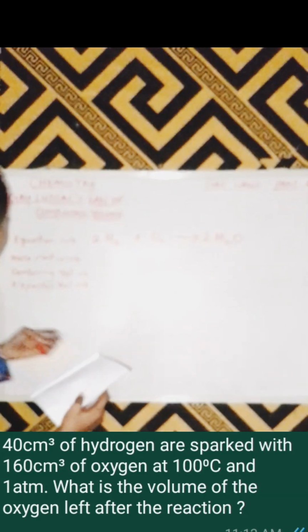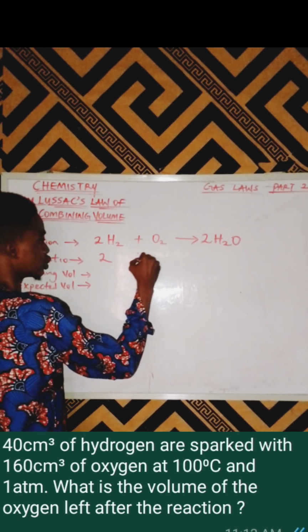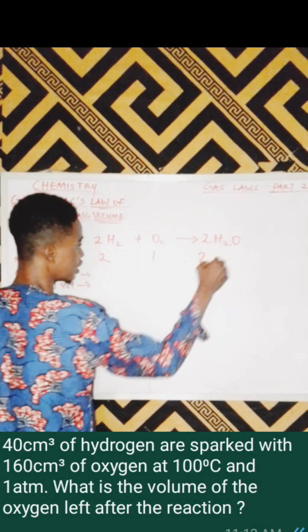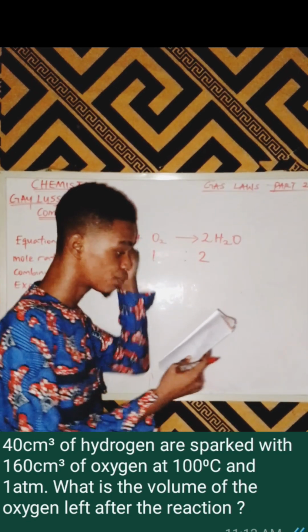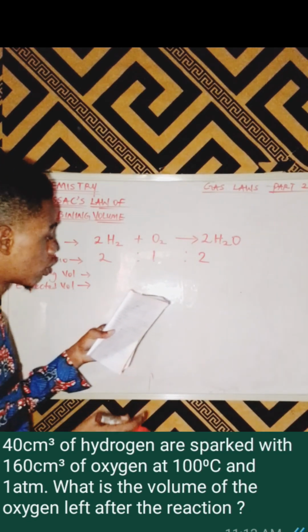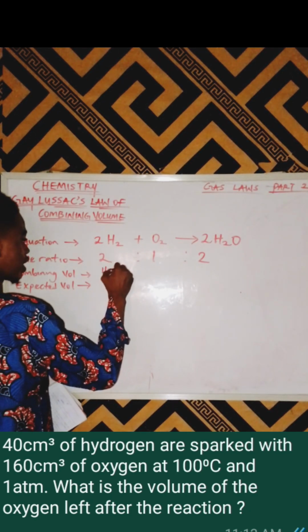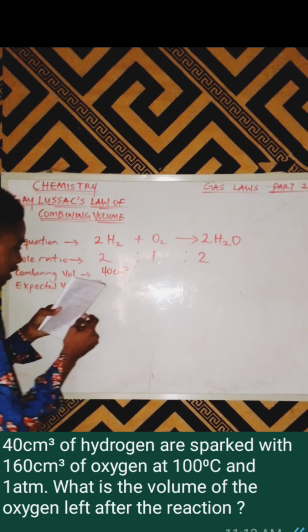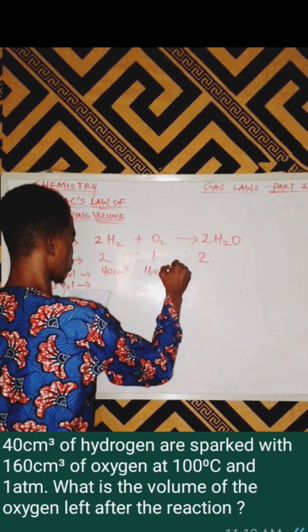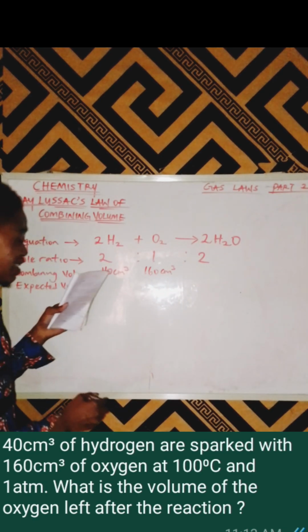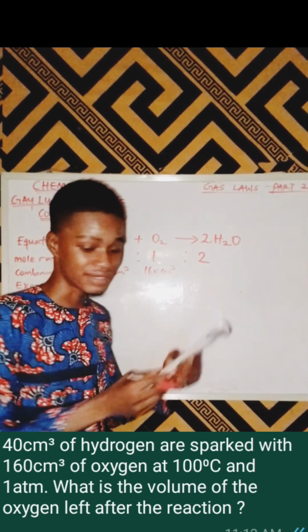So the mole ratio is still 2:1:2. Listen, they said that 40 cm³ of hydrogen is packed with 160 cm³ of oxygen, and they asked us to calculate the volume of oxygen left after the reaction.